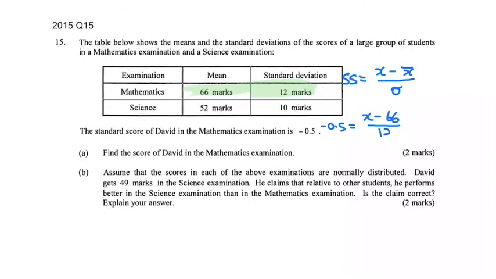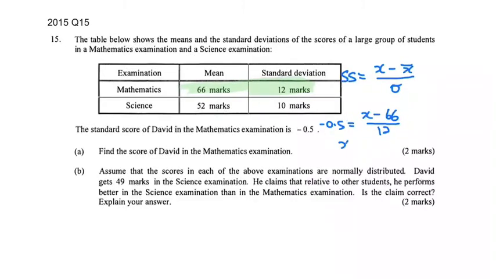So negative 0.5 times 12, you do that first. You should be able to get negative 6. And then also move this 66. This is a minus here, so if you move it there, it will be a plus. So it becomes negative 6 plus 66, and the final answer for your X will be 60. Yes, that is David's marks in maths.